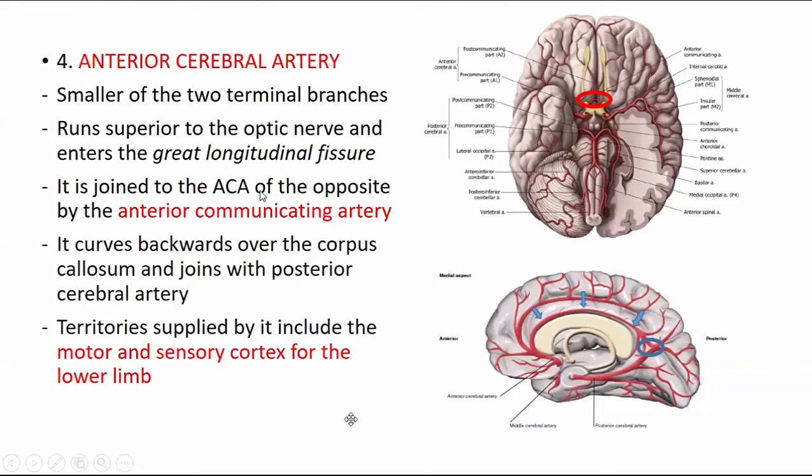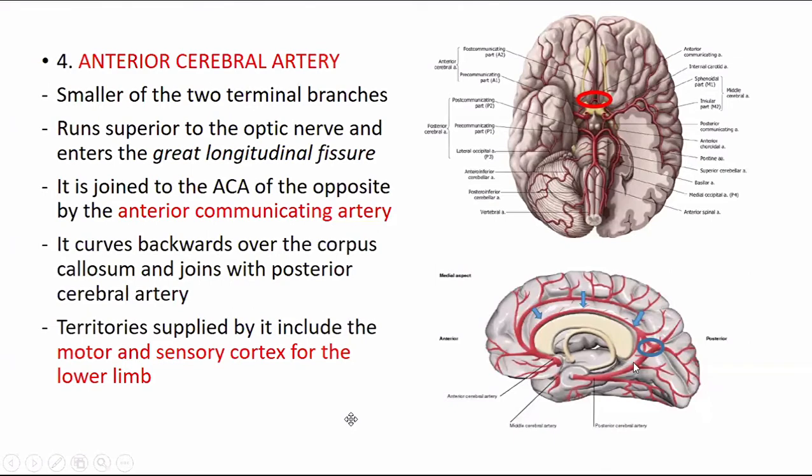Now, you have an anterior cerebral artery on one side and an anterior cerebral artery on the other side. So there are 2 branches, and they are joined in the midline by the anterior communicating artery. If you see the circle, this is one side, this is the other side. This small artery is the anterior communicating artery. It joins the 2 ACAs of both sides.